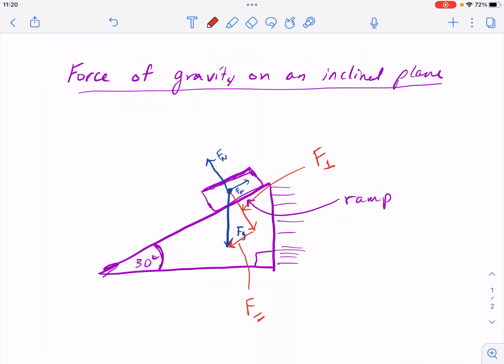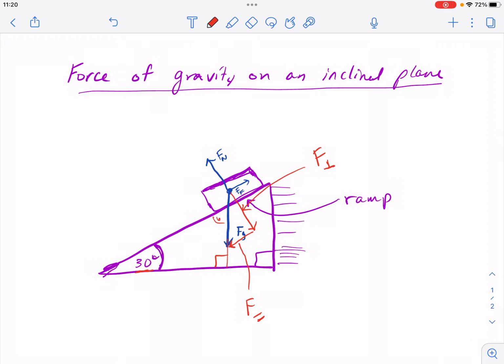Okay, so now we have to bring in some trigonometry. And maybe I should have drawn my triangle better, but I think we'll figure it out. So if this is a 30-degree angle, and I think of this gravity arrow going all the way down here to make a right triangle, then what is this angle here?